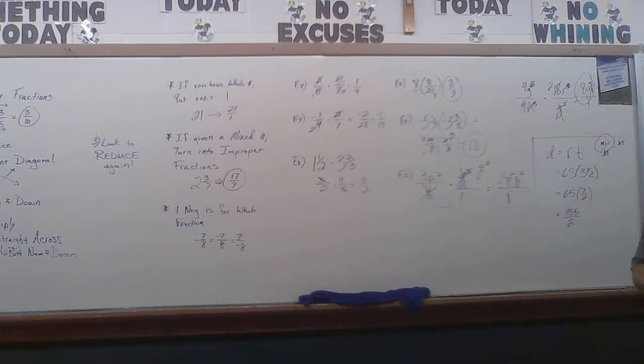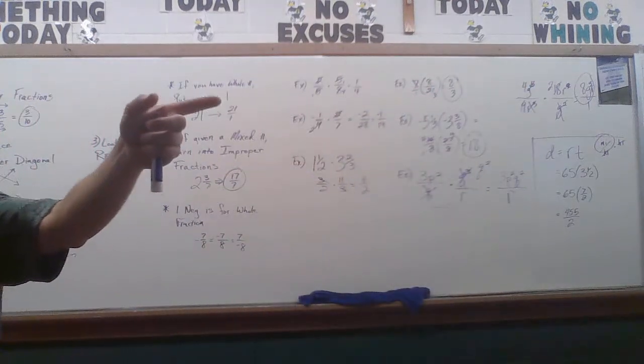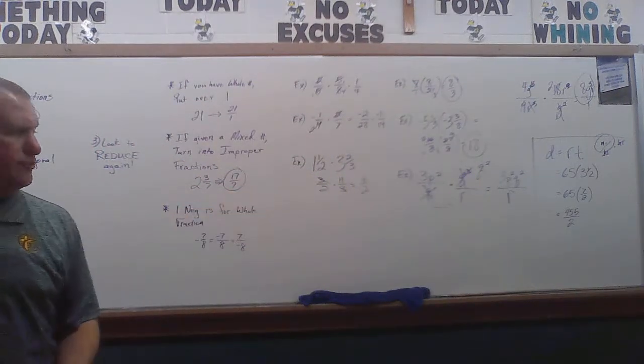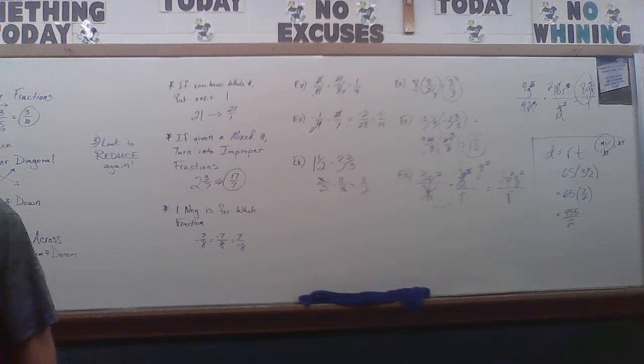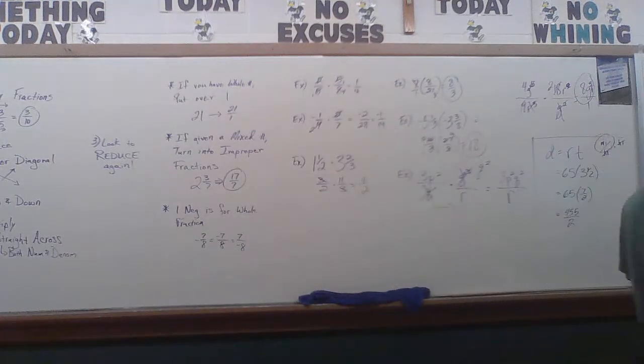Now, in a story problem, if somebody said, hey, I just traveled 455 over 2 miles, would you really understand it? Maybe yes, maybe no. Remember how we always say we should never turn this into a mixed number, or we should never use a decimal? When you're doing story problems, you can use those two things. So punch it in your calculator, or figure out what it is. So how much? 227.5.